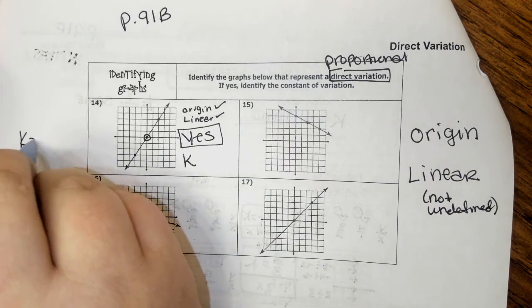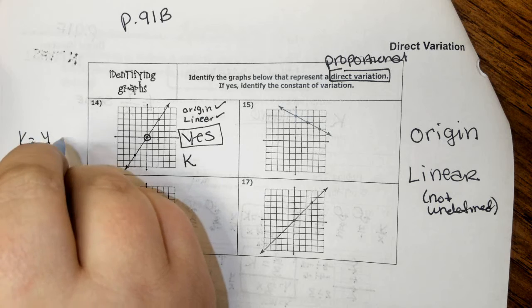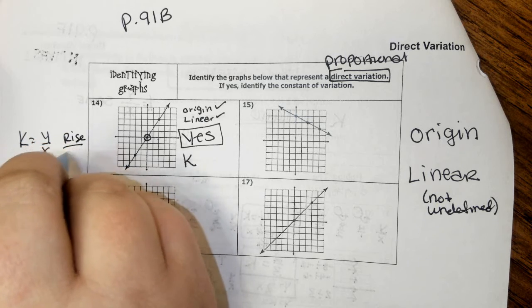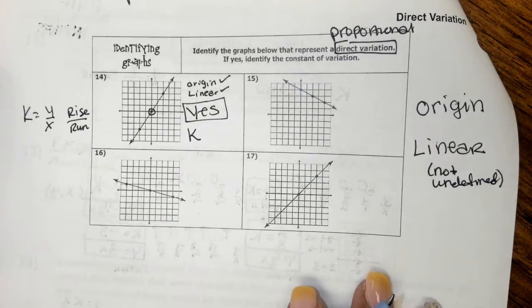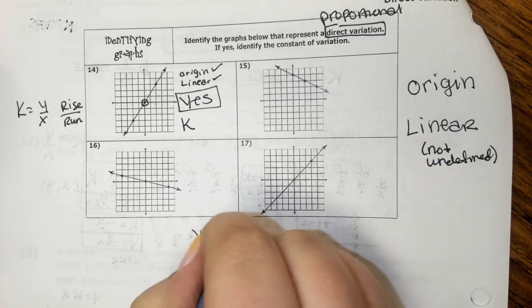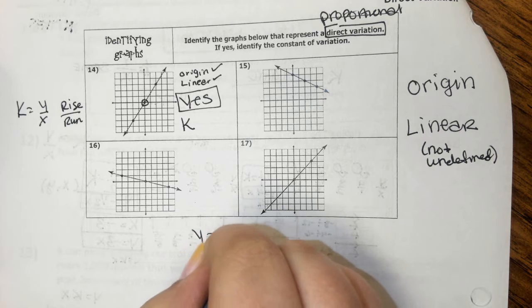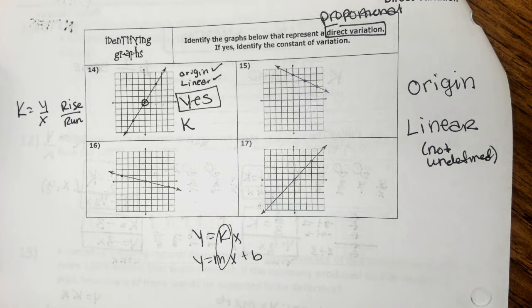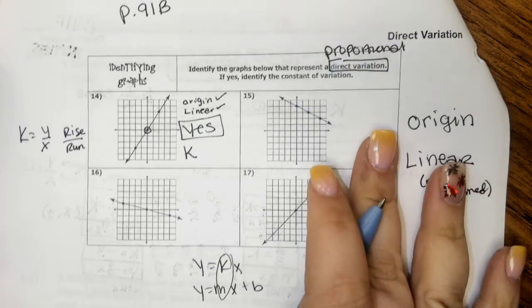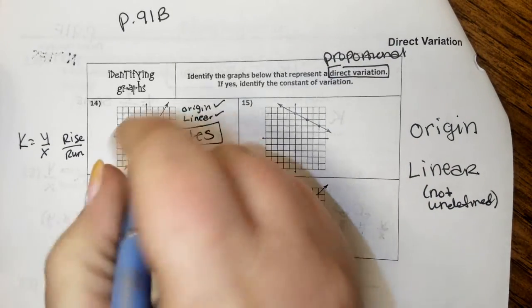K is y over x, which is really just rise over run. In the equation y equals kx, the k is in the same position as m in mx plus b. So they're both talking about the slope. So we need to find the slope of this graph.